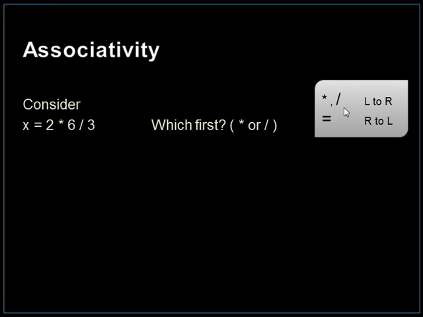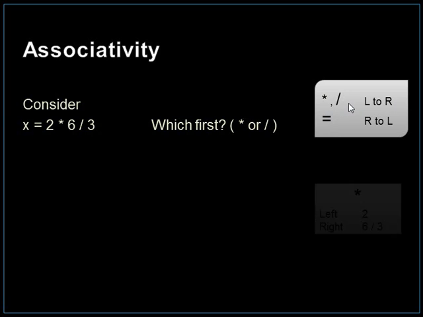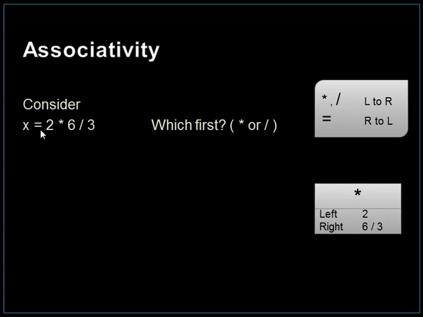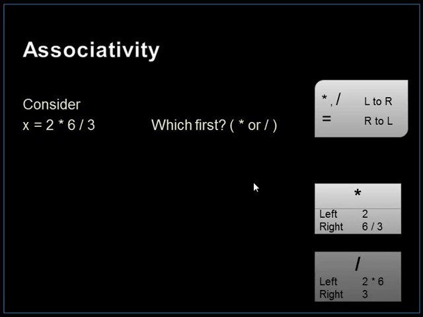Now you must be wondering how associativity will help us. Let us take each operator and list its left operand and right operand. If we take multiplication, the left operand is 2 and the right operand is 6 by 3. If we take the division operator, the left is 2 into 6 and the right is 3, right?